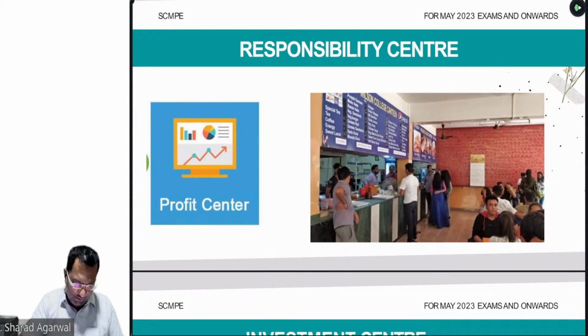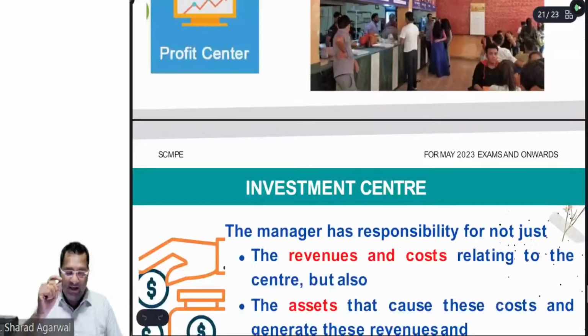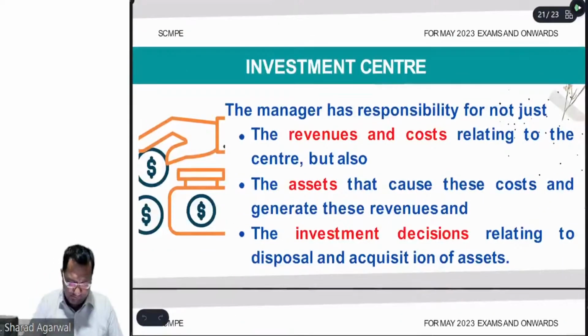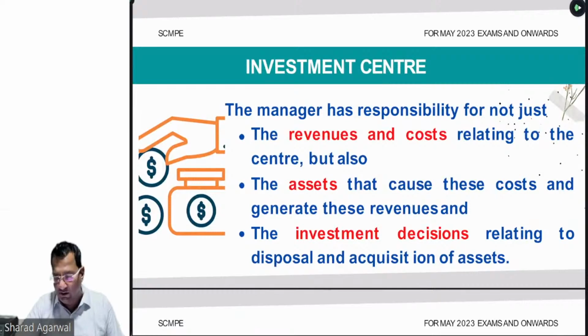Okay, now the next responsibility center can be the investment center. This is the most important responsibility center. Please write it down.